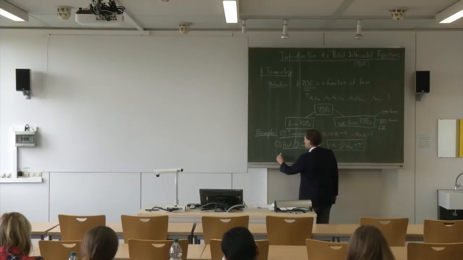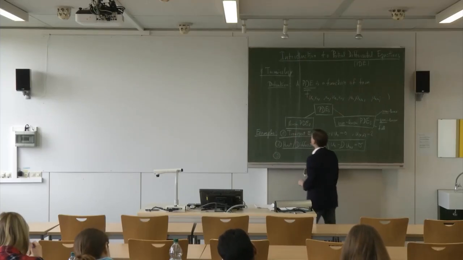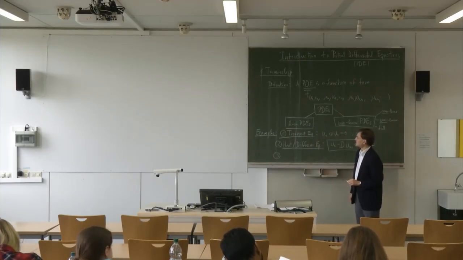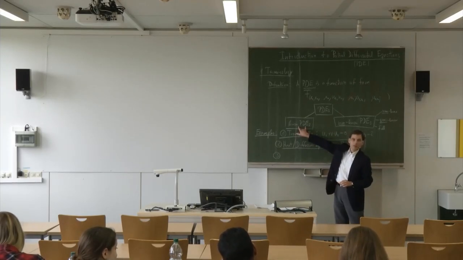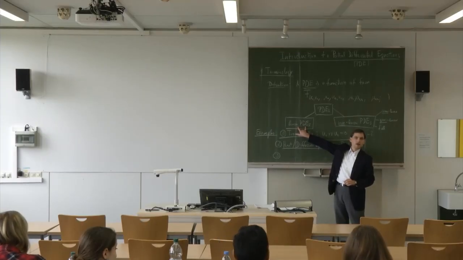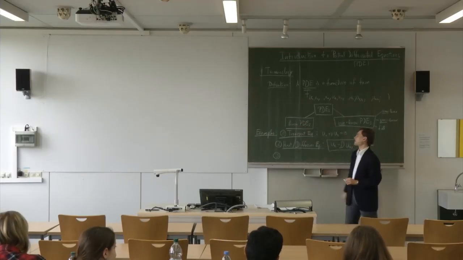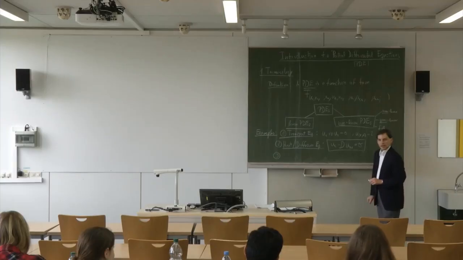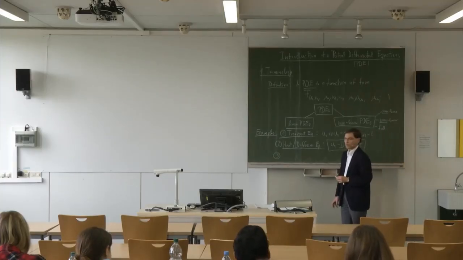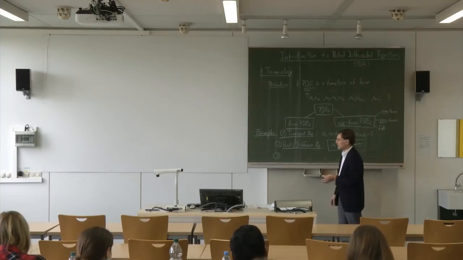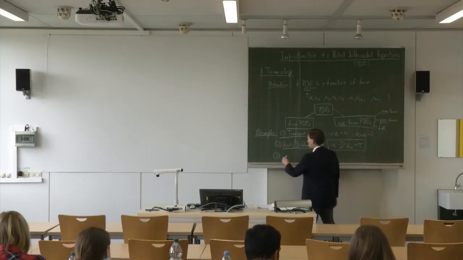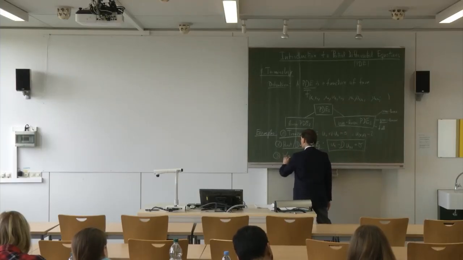Let me give a third type of example, and all these examples so far are linear partial differential equations. Another interesting partial differential equation, which we will not discuss in detail, I will just give you the example here, is the so-called wave equation.